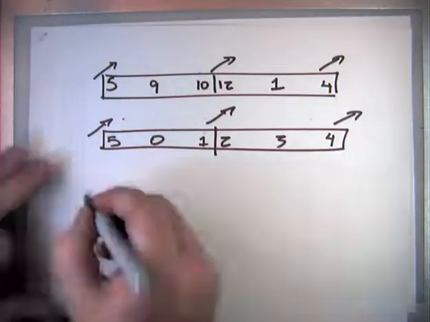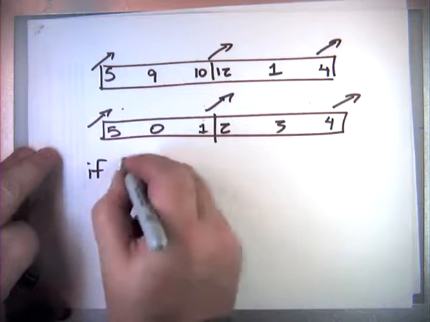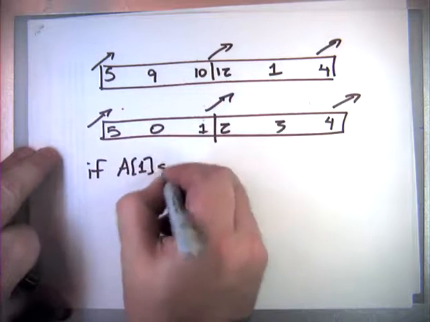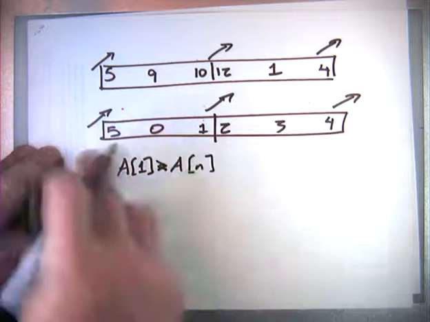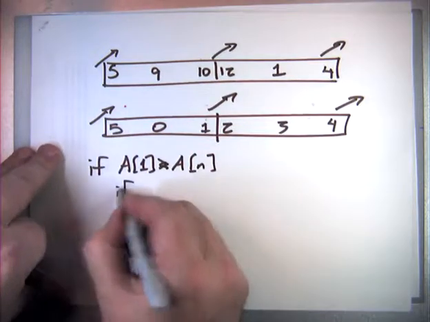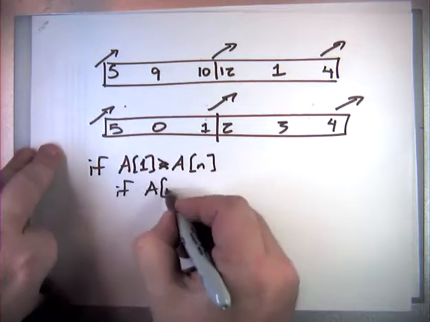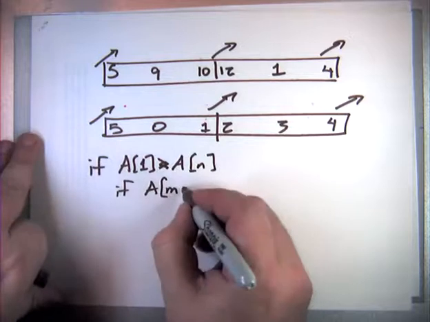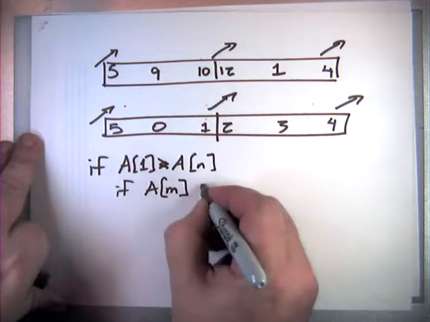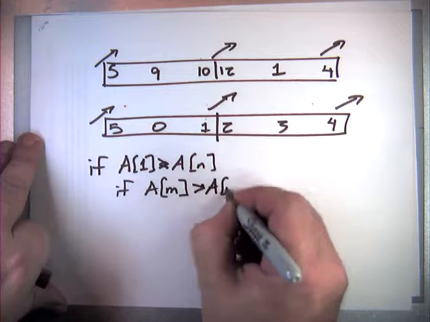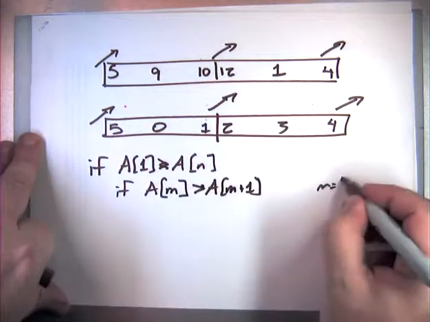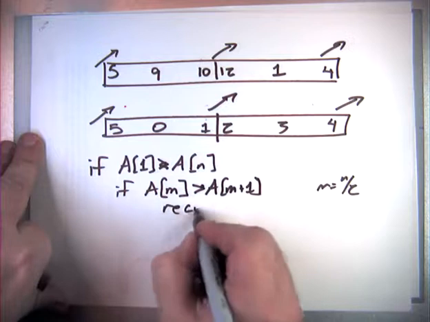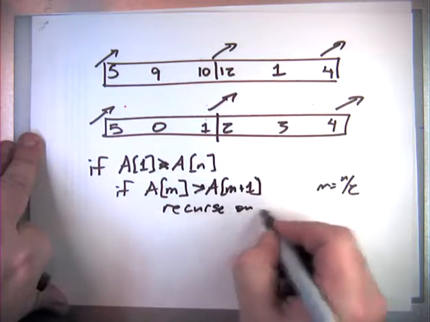right? So if A1 is greater than AN, then there'll be an else case. If A sub M is greater than A sub M plus 1, then recurse on the right.